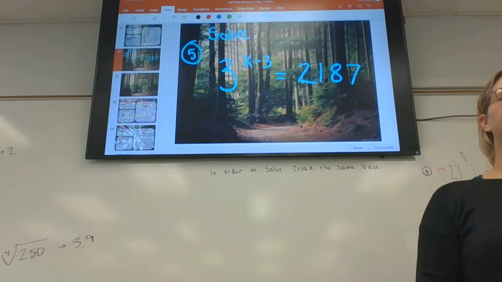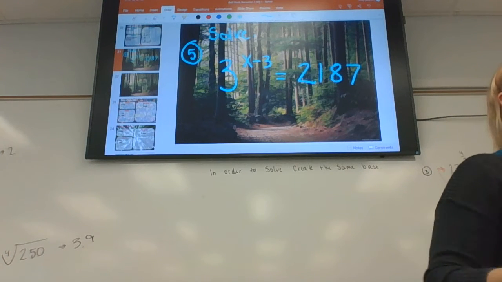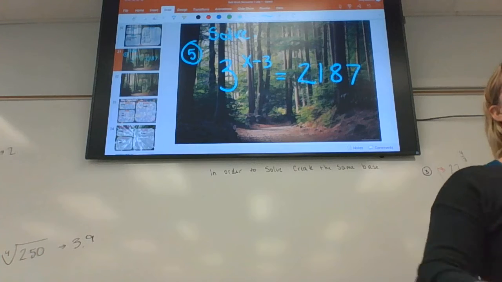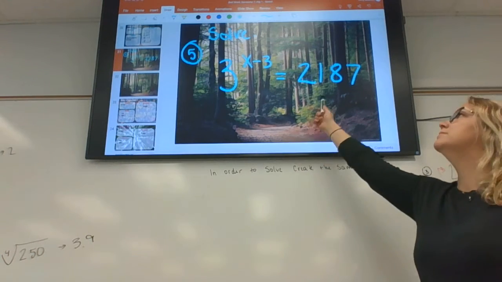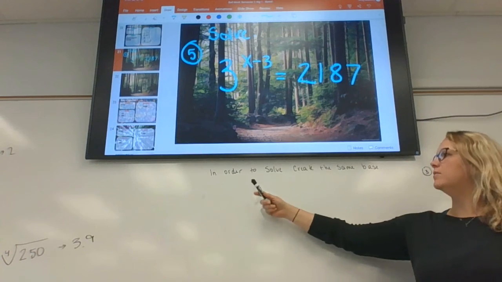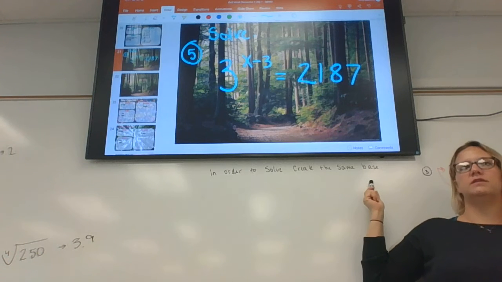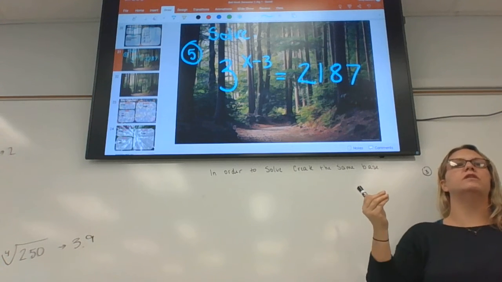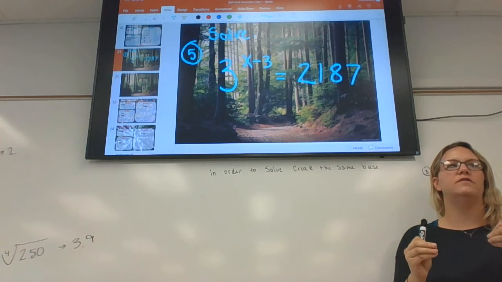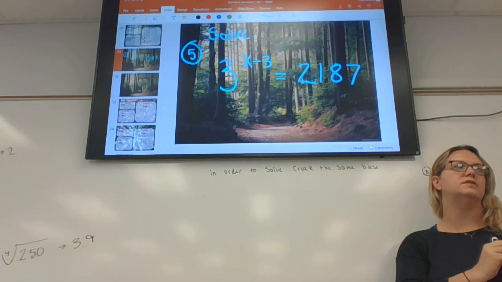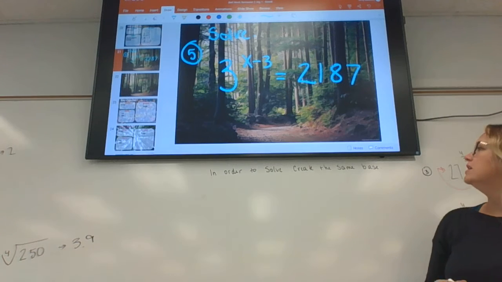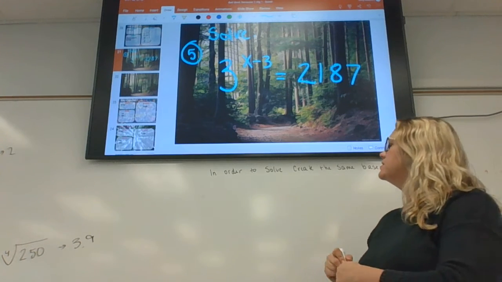So my question for you is, could you tell somebody this? When you see this problem, could you tell somebody, well, in order to solve, you create the same base? Because that would show me that you've learned this and you're ready to move on, if you could explain the process of getting it started. We need to create the same base.